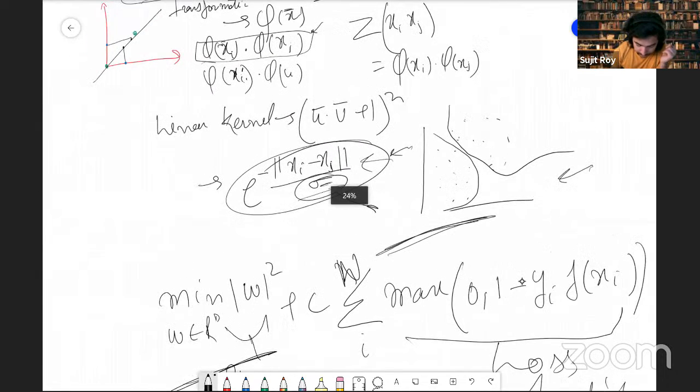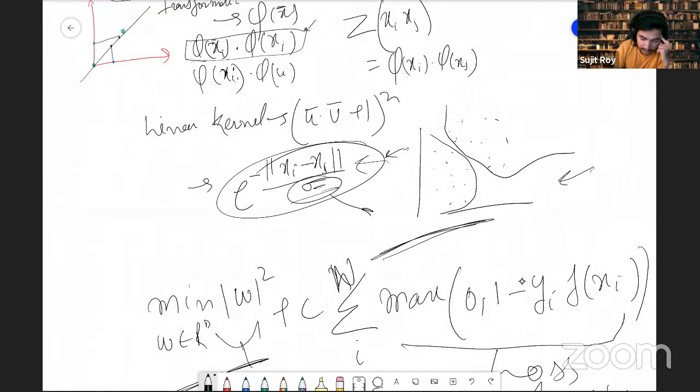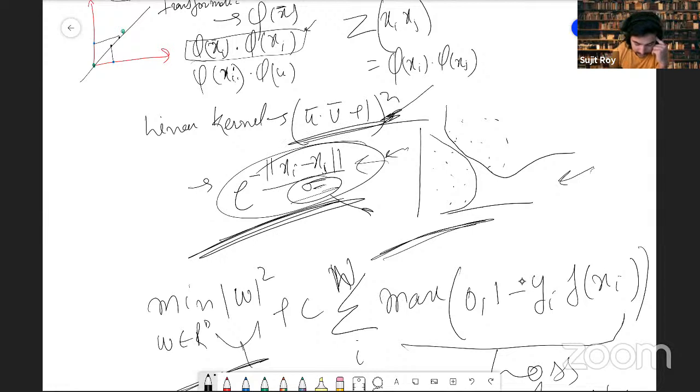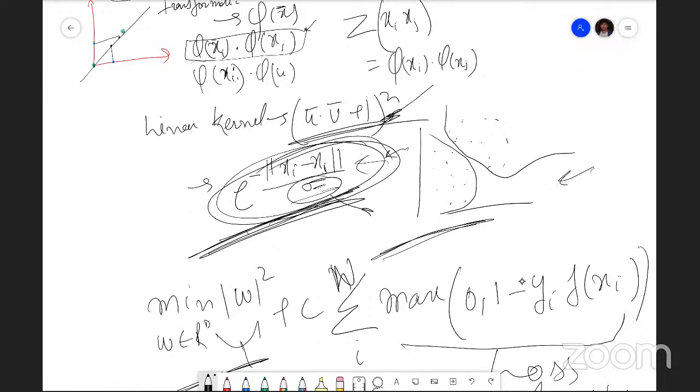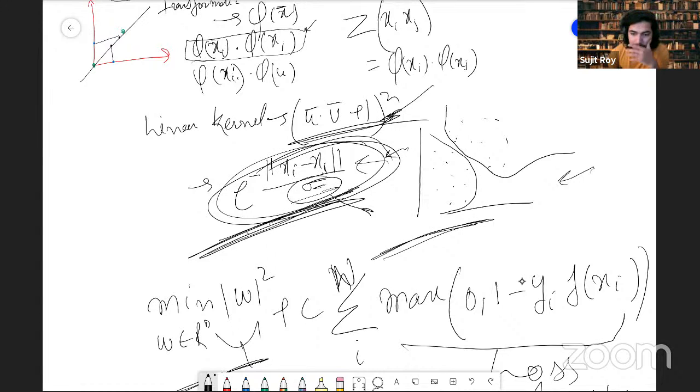For the linear kernel you have this definition given, and for the polynomial kernel we have this one. It's already defined in terms of the vector space, where xi and xj you can consider as the support vectors.